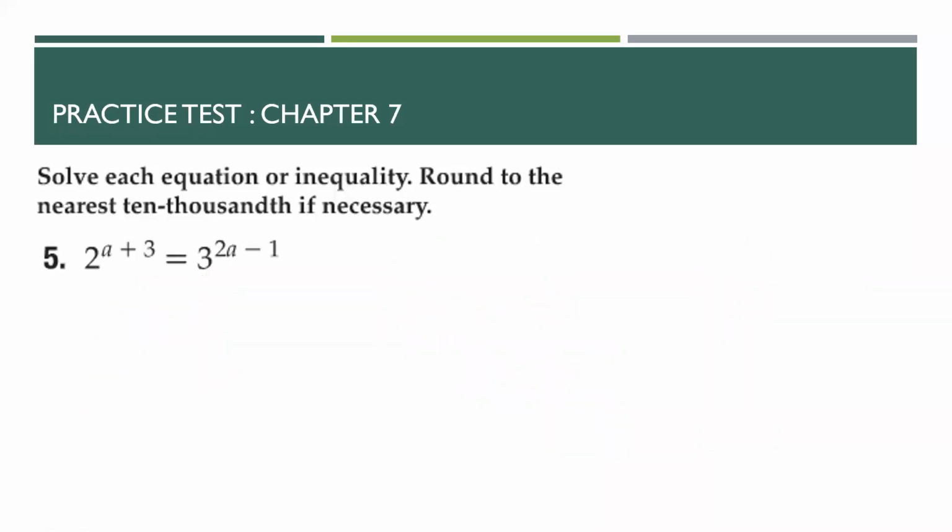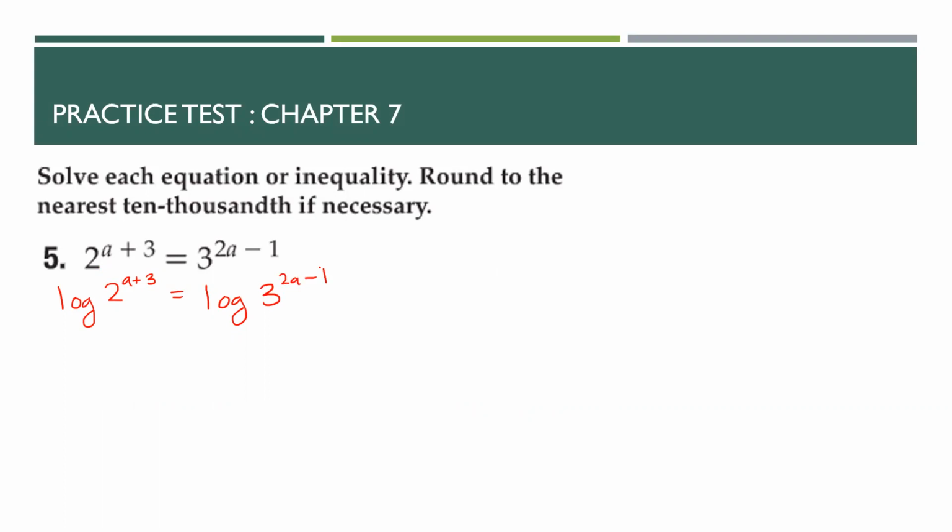Next problem here, number 5. Here our bases are not the same, okay? So we're going to use the property of equality for logarithmic functions. So we can say that log of 2 to the power of a plus 3 is equal to log 3 to the power of 2a minus 1.